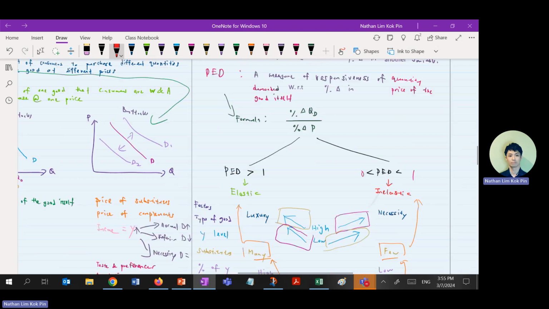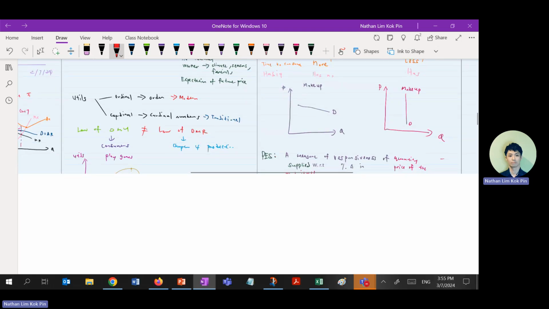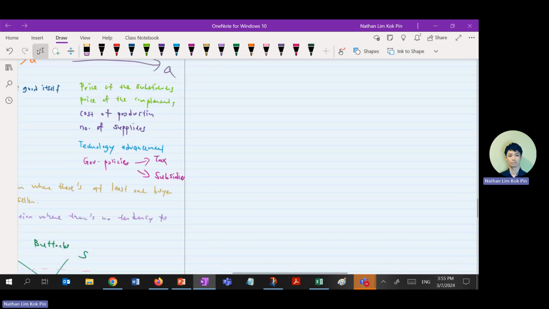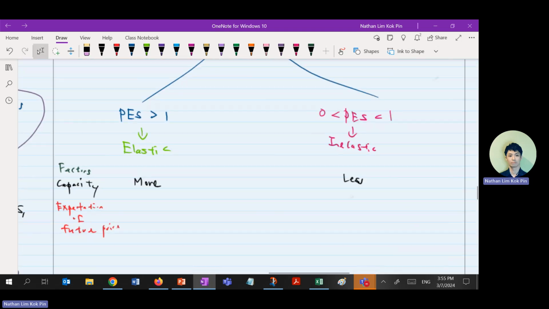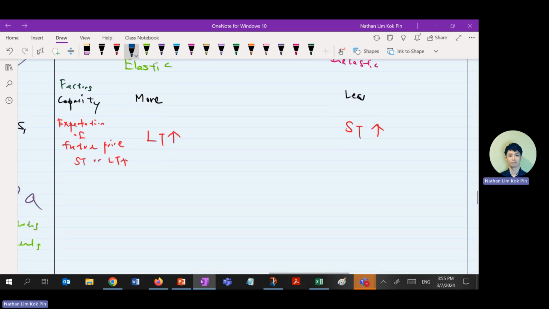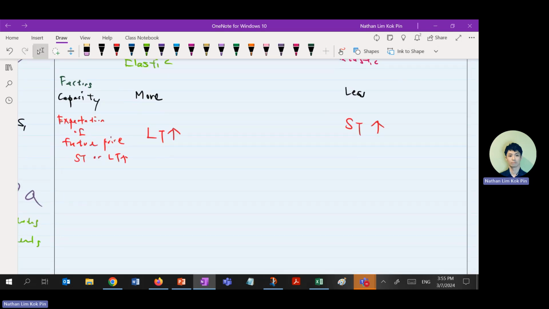Did I write supply determinants just now? Oh yeah, I did. Okay, cool. So expectation of future price must consider whether it is a short-term increase or a long-term increase. If it's a long-term increase, it will be elastic. If it's a short-term increase, it will be inelastic.